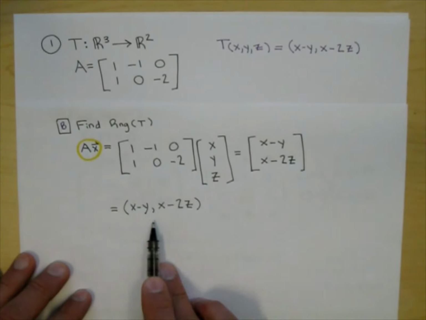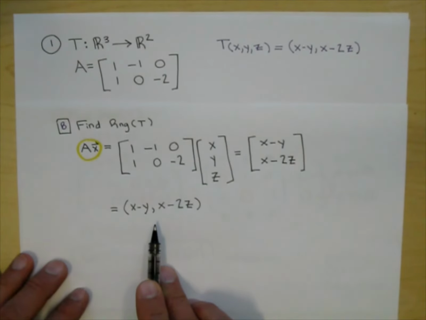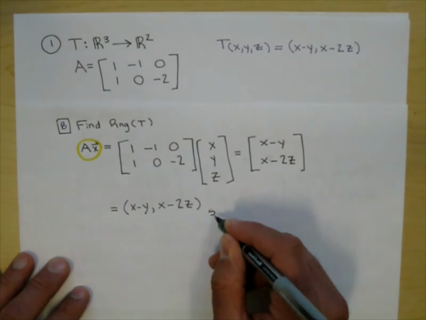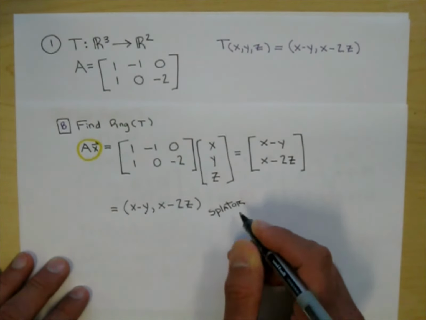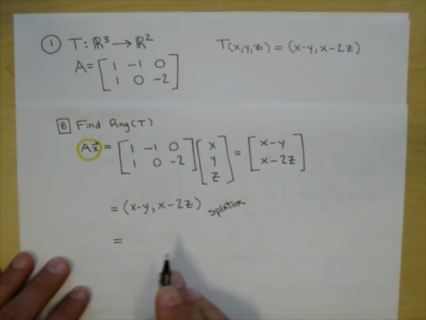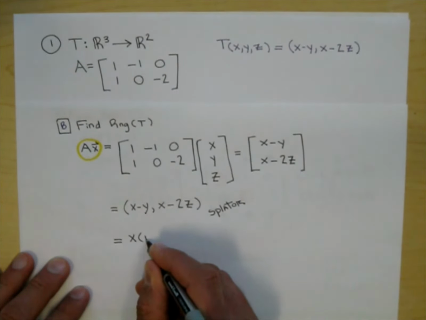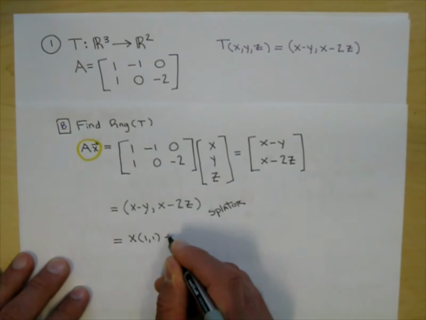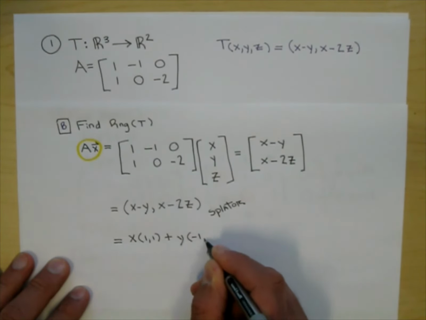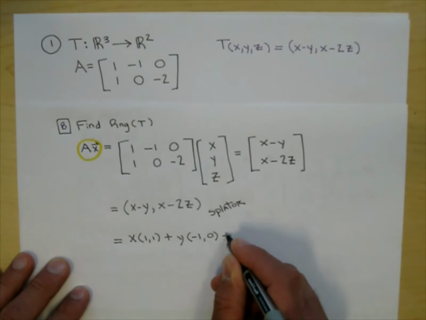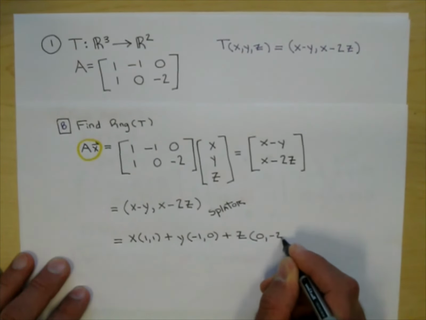And I could put a yellow circle around there and say, oh, that's the range, but it's still not a simplified answer. What I want to do is splactor. When I splactor, I have x's, y's, and z's. I'm going to have x times (1, 1) plus y times (-1, 0) plus z times (0, -2).